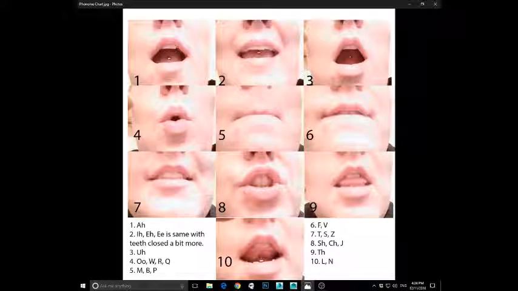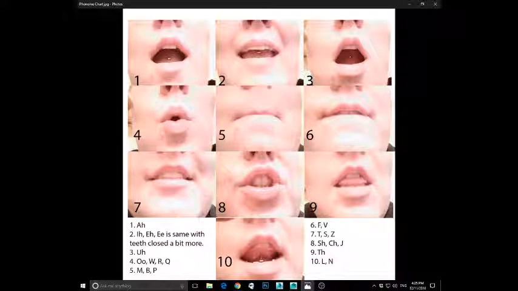Each section has several different sounds to it, so it's pretty easy once you get down to it. Number 8 is sh, ch, and j, and those are all that shape there. 9 is th, and that's pretty much the only sound in the English language that makes that shape, th.